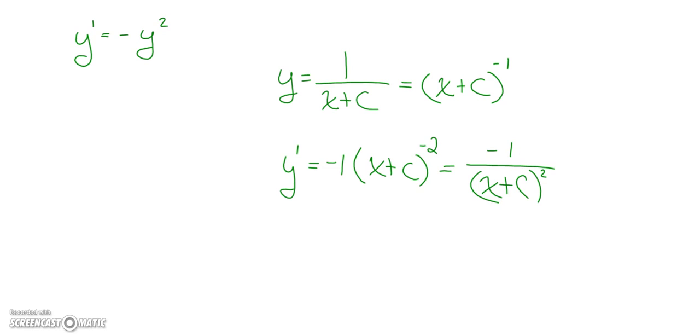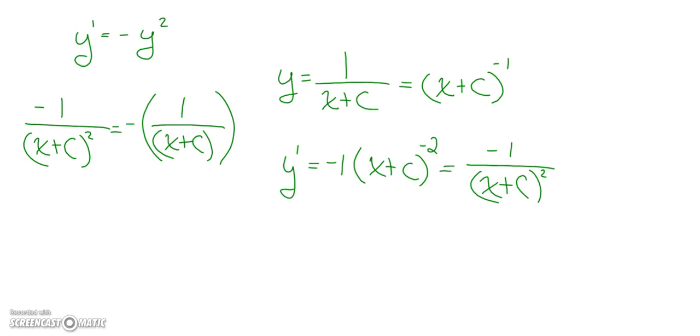People did bring up chain rule. You're correct to say use the chain rule, but what's the derivative of the inside? So that's why we didn't have to use it. We technically used it, but multiplied by 1 didn't change anything. All right, so what we have to now prove is that negative 1 over x plus c squared is equal to the opposite of 1 over x plus c, all squared.